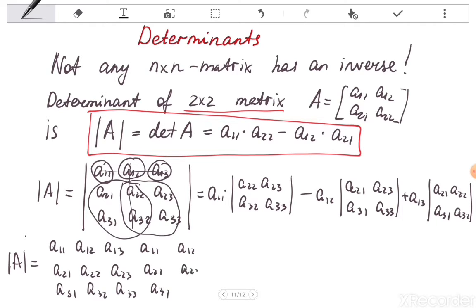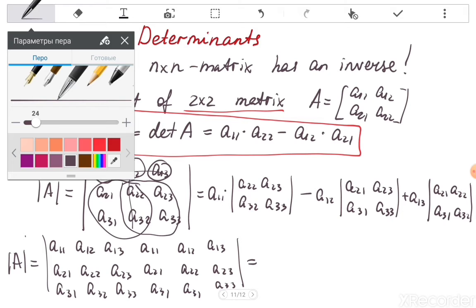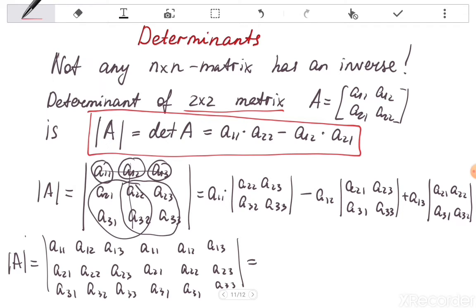A12, A22, A31, and A13, A23, A33. And to get the determinant of this, you multiply these things, and these things.